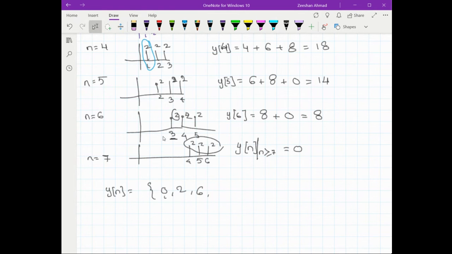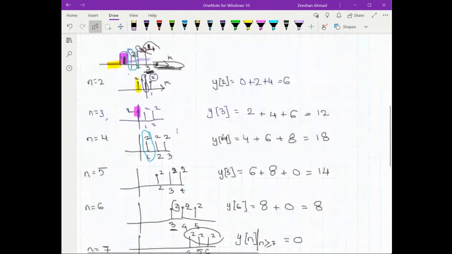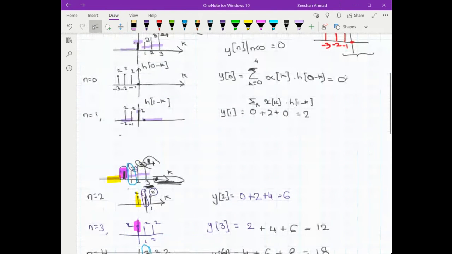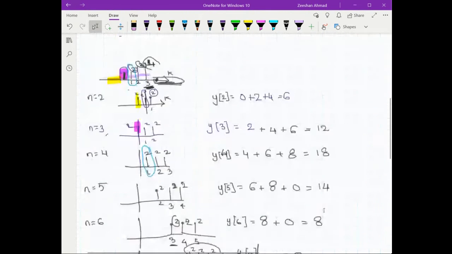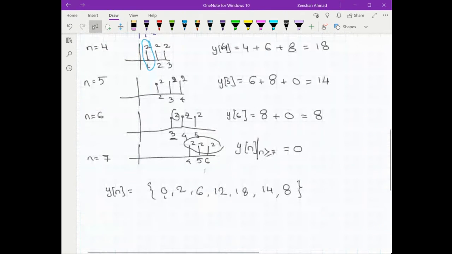Then we have 12. Then we have 18. Then we have 14. Then we have 8. And obviously it will be 0 again here. Okay. So basically, if you see here, the sample here is at 0, 0. Then we have 2. Then we have 6, 12, 18, 14, and 8 here. And again, it is 0. And obviously at 0, it is 0 here. Okay. So I can put a marker here.